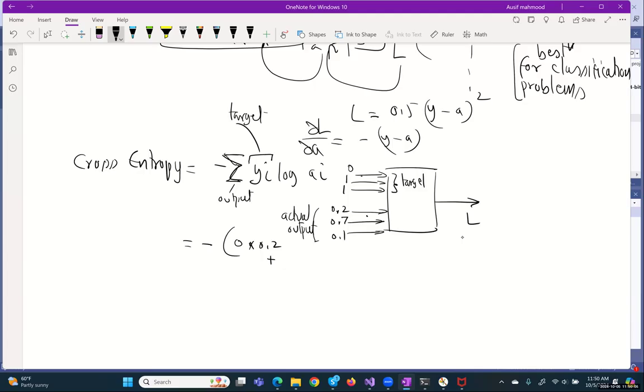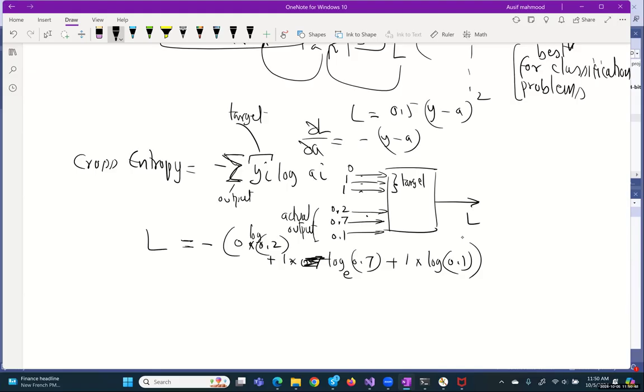Next output, the target is 1. So yi will be 1 multiplied by log of 0.7. This is log to the base e, okay, not log to the base 10. Similarly, plus third output, expected target is 0 times log of 0.1. So whatever that number comes, that will be our loss. So this is how we calculate the cross entropy loss.